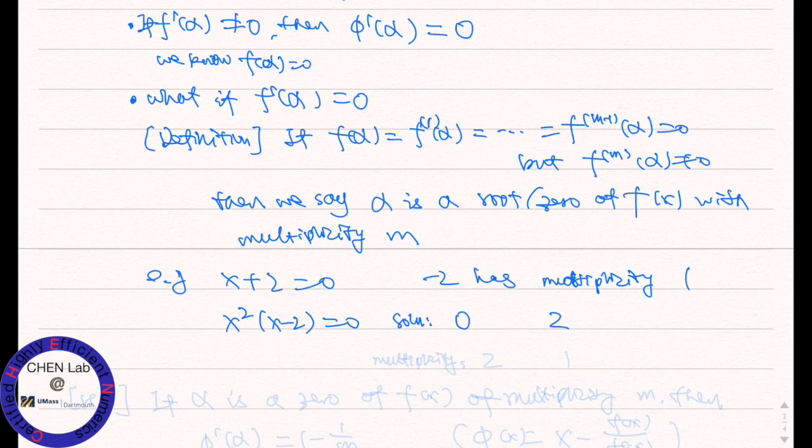And they're different in the sense that 0 has a different multiplicity, because if you take the derivative and plug in 0, you still get 0. So 0 has multiplicity 2. This guy is 2, that guy is 1. Okay?